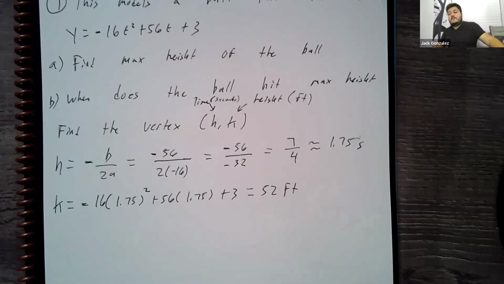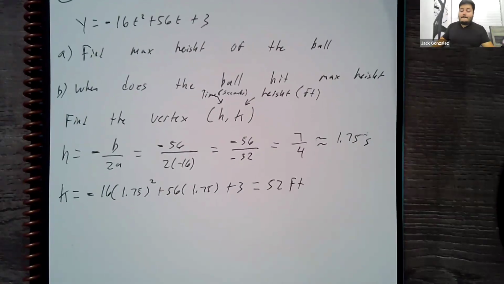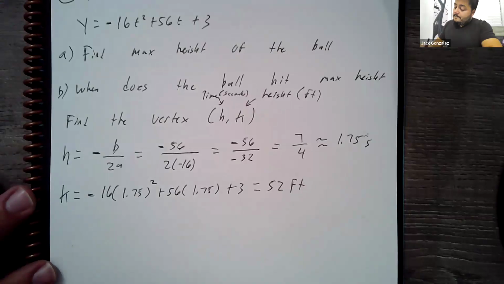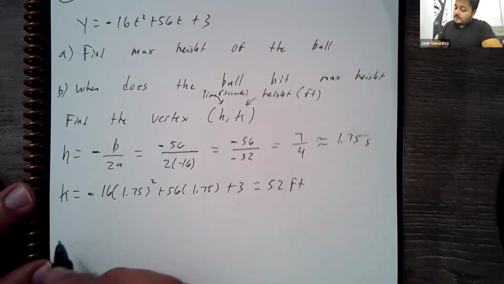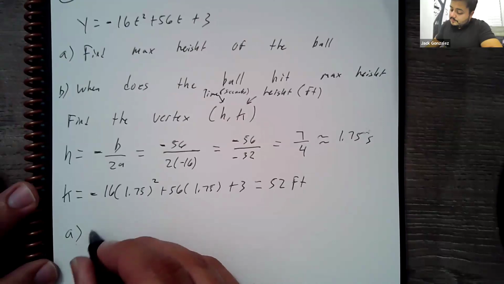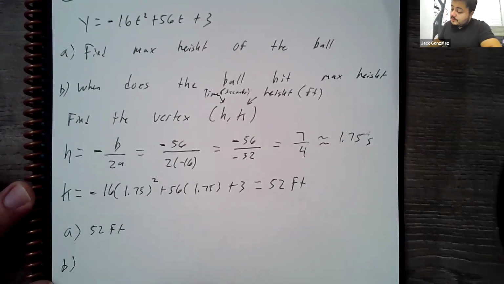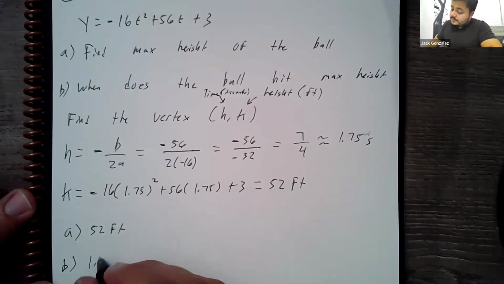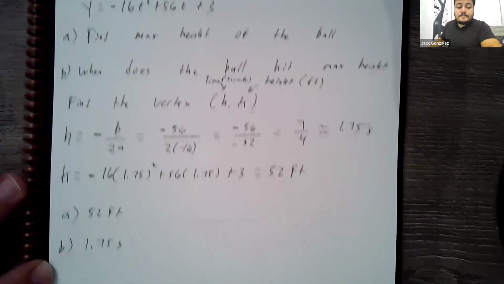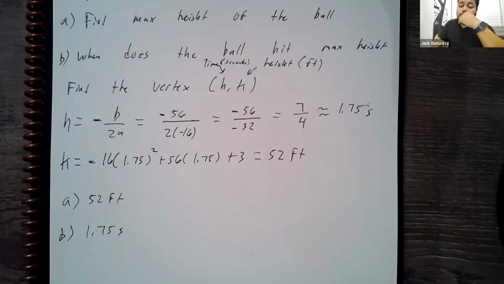But yeah, that's it. Just notice how it's really the same question, they're just applying it to something. So A is 52 feet. B is in 1.75 seconds. Any questions on number 7?